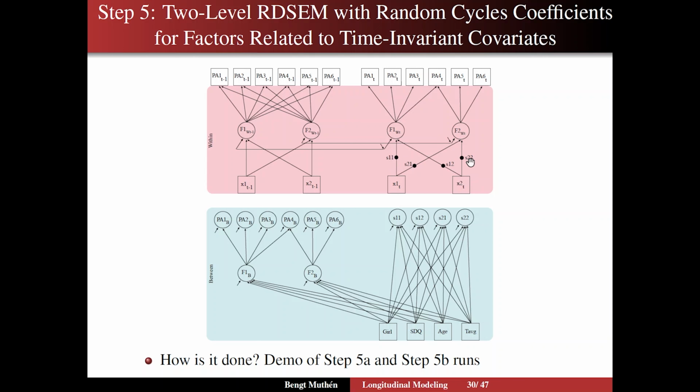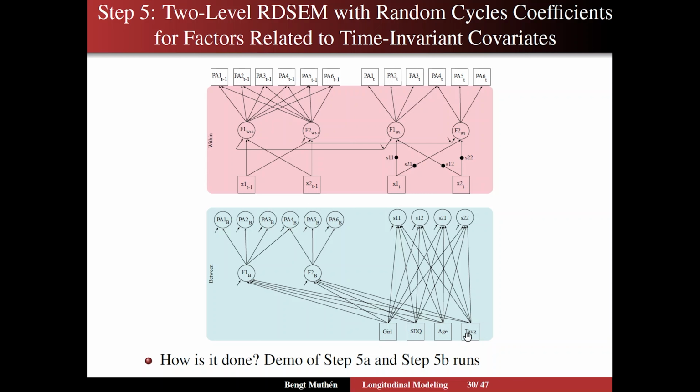And we see that all 4 arrows have filled dots on them, so they are random coefficients varying across individuals. And therefore, on the between level, those random coefficients become latent variables, open circles, which we want to relate to background variables. In this case, gender, STQ, a measure of childhood problems, age, and tiredness average across time.